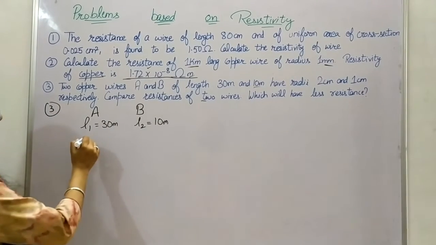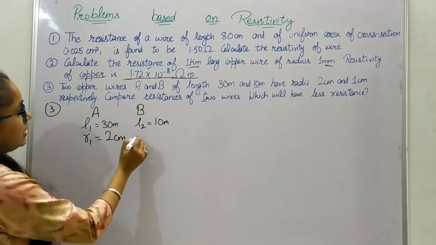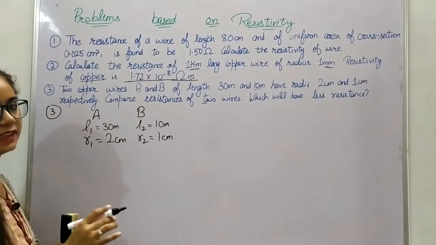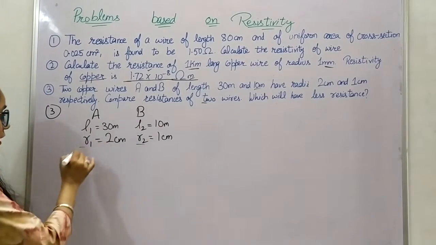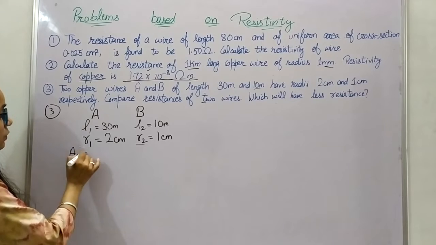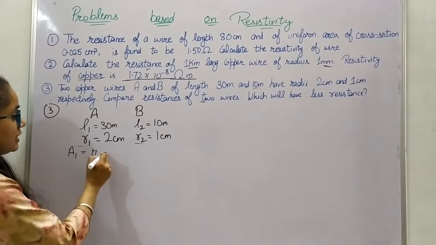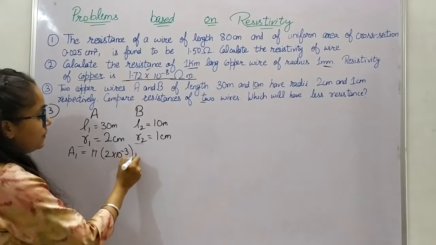Then we have the radius R1 as 2 centimeters and R2 as 1 centimeter. We are provided with the radius here, so we will try to find the area. To find the area of wire A, we will have pi times 2 into 10 to the power negative 3 meter square, squared.